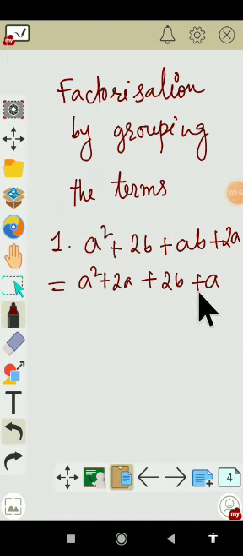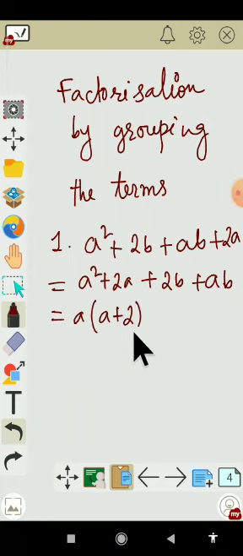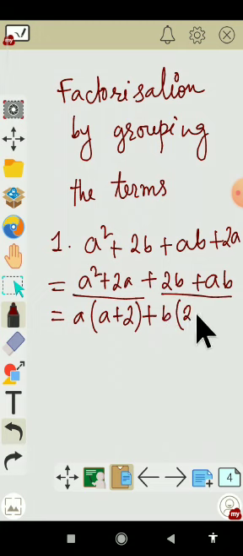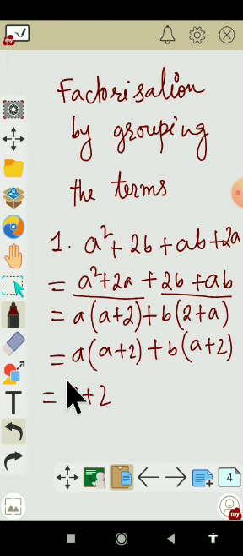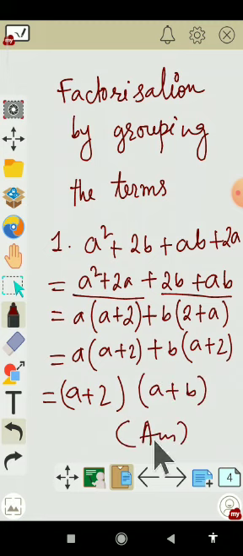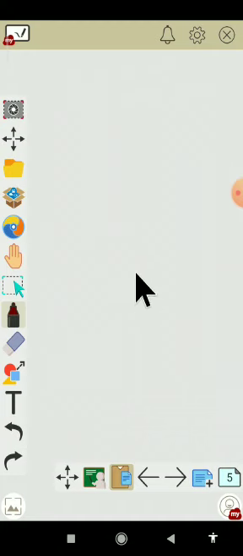After arranging, we take a common from the first two terms, and b common from the last two terms. So we got a plus 2 as a grouping term here, and we have to take this grouping term out from these two terms. So a plus 2 taken common, what will remain? a plus b will remain. So this is called factorization by grouping the terms.